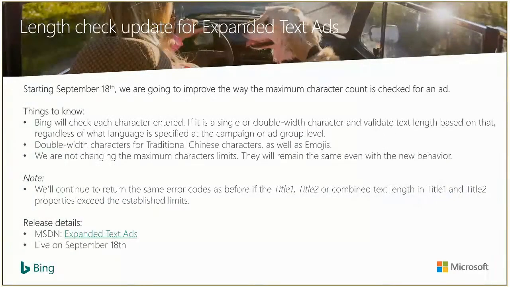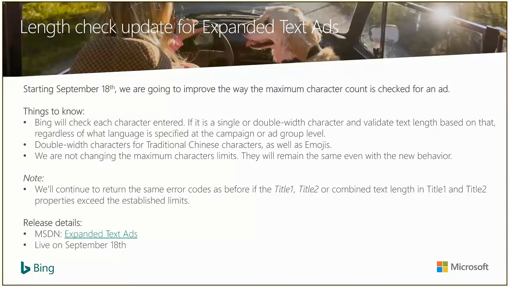We are also doing a length check update for expanded text ad. Starting September 18, we're going to improve the way the maximum character count is checked for an ad. As you know, before, we did the length check according to ad group settings. Which language you were using in your ad group determined how many characters you could use in your ad.